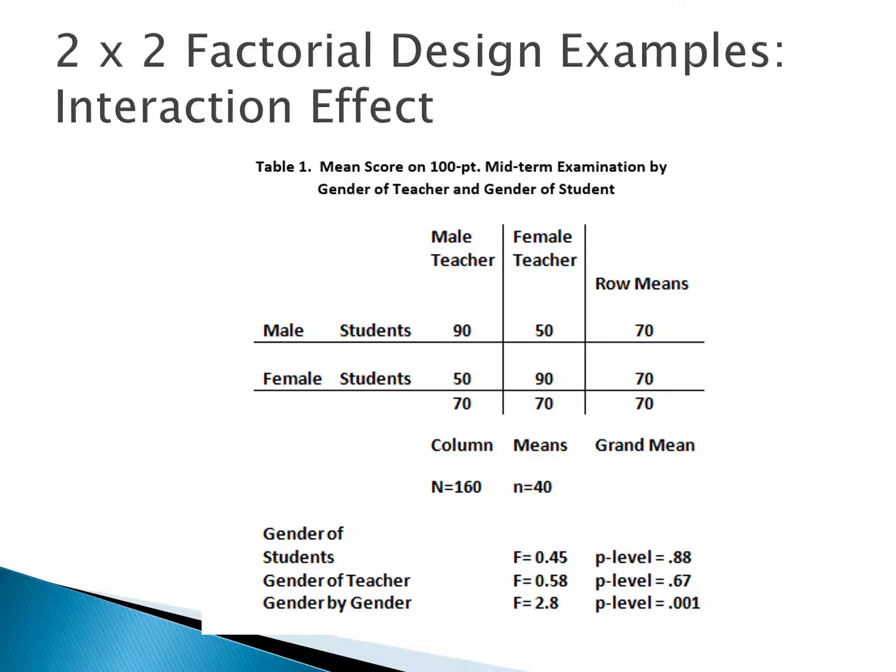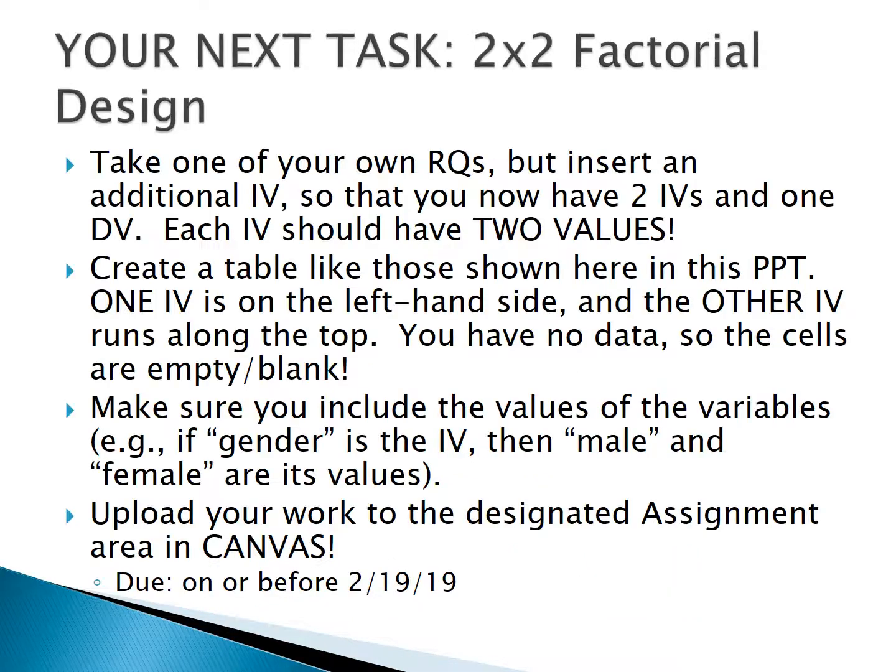And if you look within, you see that male teachers with male students, the students score higher with like gender teachers. Same with females. Or vice versa, that if you have a male teacher with a female student or a male student with a female teacher, they will score significantly lower than those with teachers of the same gender. So that's what it means.